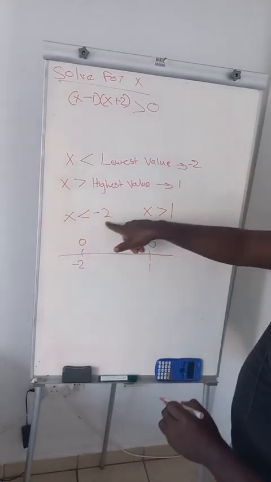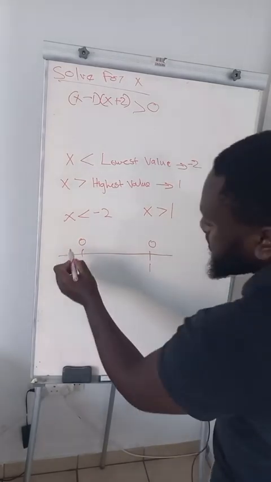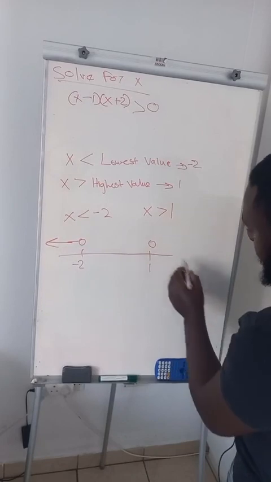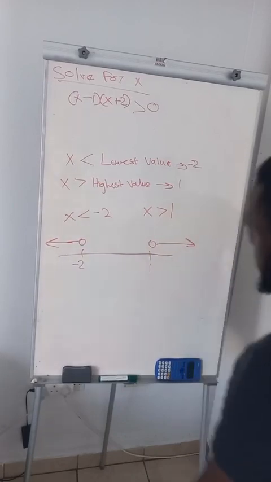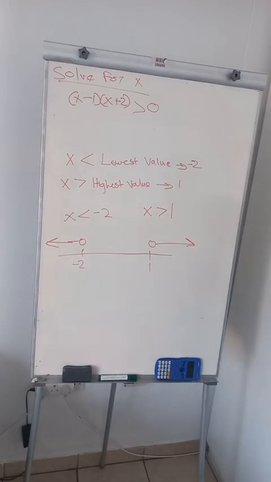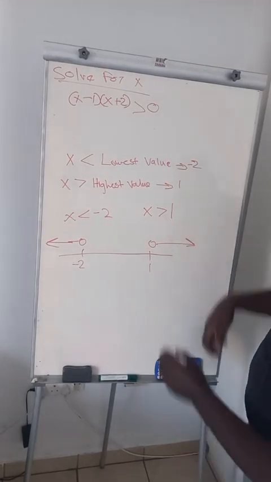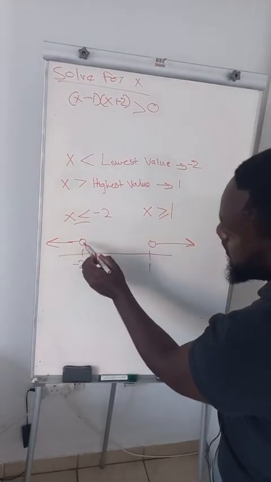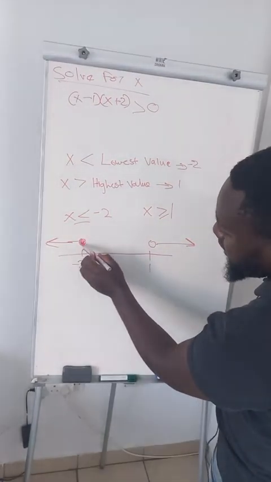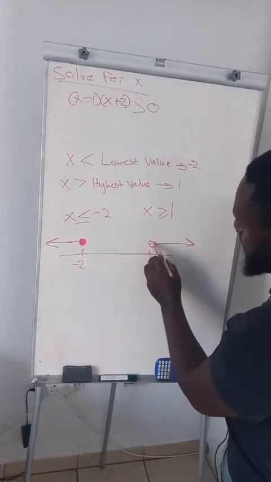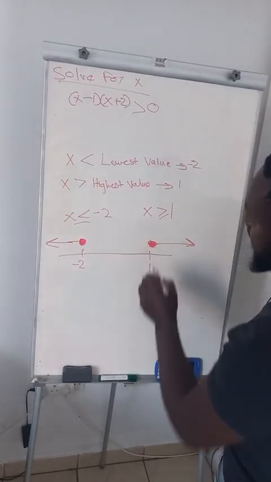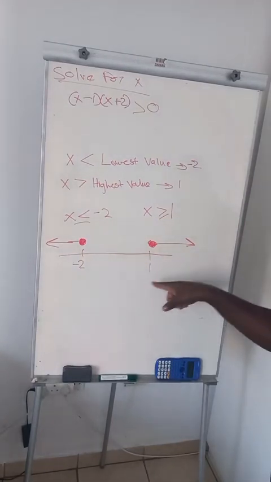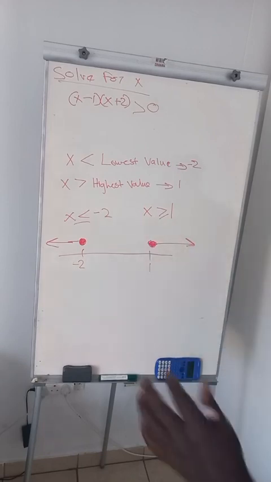Because here it's saying x less than minus 2, it will say something like this. Here it's saying x greater than 1, it will say something like that. If there was an equal sign here, it means this circle should be shaded. The shading is just saying that these values are included in this answer. So that's the thing.